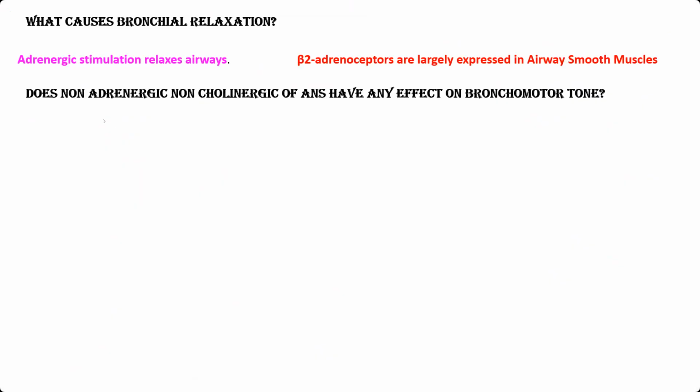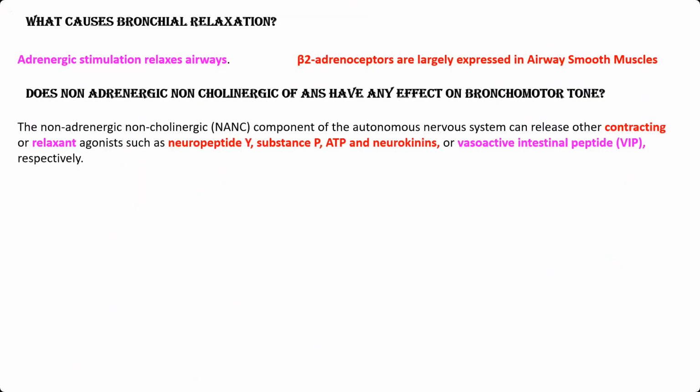And is there a non-adrenergic, non-cholinergic pathway also for bronchomotor tone? Yes, there is. And these substances are transmitters for this NANC part of the autonomic nervous system. Normally all of you know that the autonomic nervous system is divided into sympathetic and parasympathetic. But there is a third component called non-adrenergic, non-cholinergic, where the transmitters are different, and they have the effect of both contracting and relaxing agonists, such as neuropeptide Y, substance P, ATP, neurokinins, and VIP.